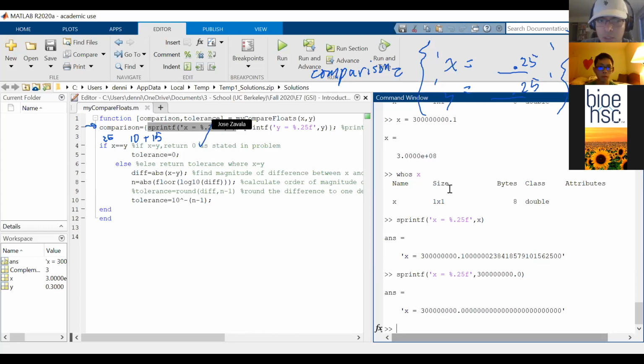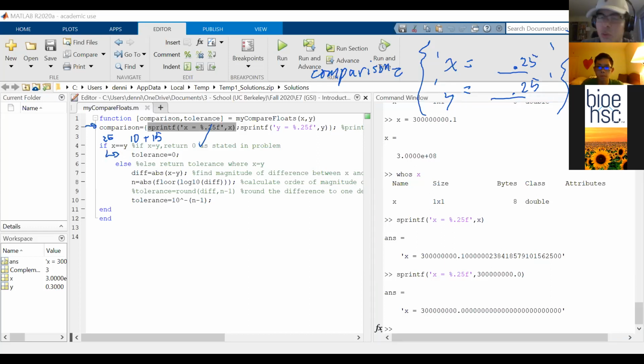And we would go into this text, into line number 5, and we would know that tolerance is 0. Tolerance 0 means that they are actually equal.